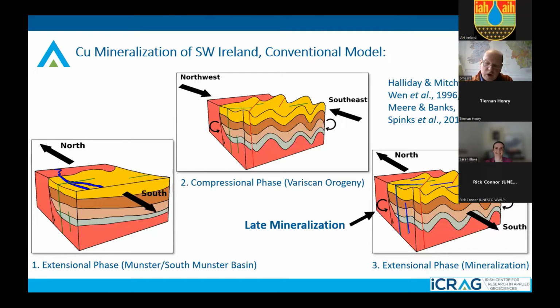The view prior to the start of this work is that, if you look down on the left-hand side here, we've got our early stage of pre-Variscan extension, the development of the Munster and South Munster basins, with compression kicking off at the end of the Carboniferous and the deformation sequence that I just outlined to you.